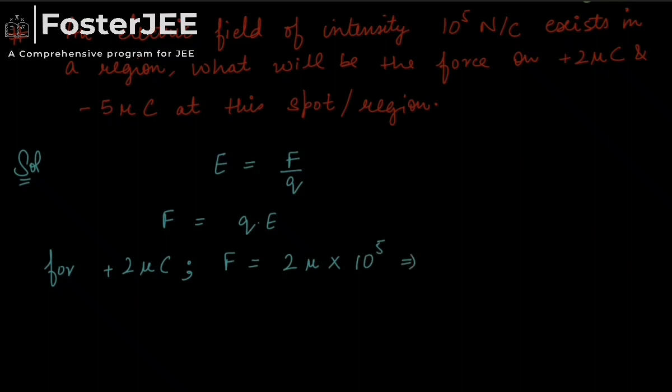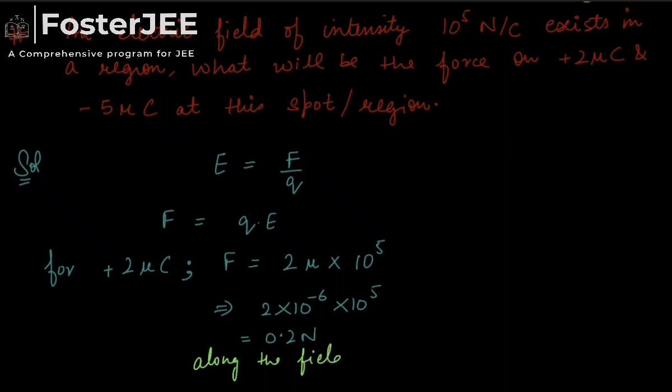Solving this, we get 2 into 10 to the power minus 6 into 10 to the power 5, that is 0.2 Newton. This is the magnitude of force, and this will act along the field, that is, the direction of force and electric field is the same on a positive charge.